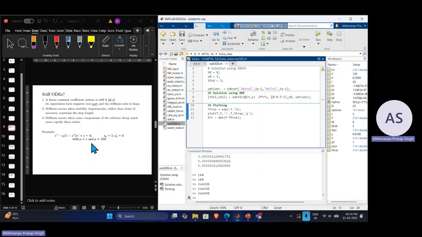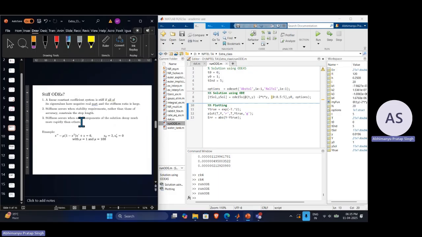Stiff ODE is basically where, suppose you have two dependent variables, and the time scale for one of the variables is very large compared to the time scale for the other variable.